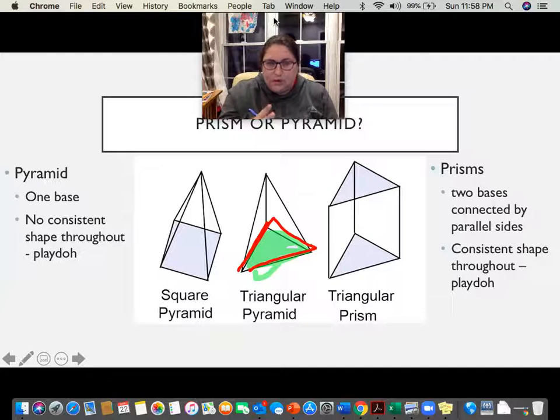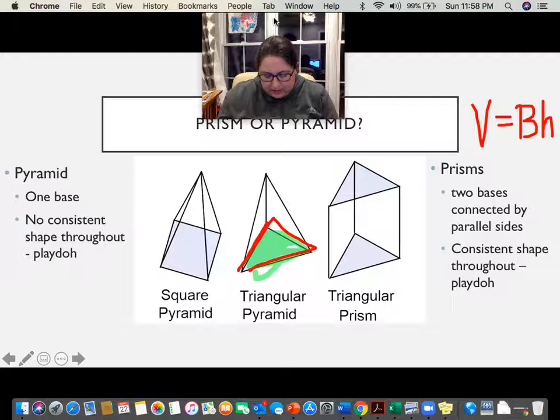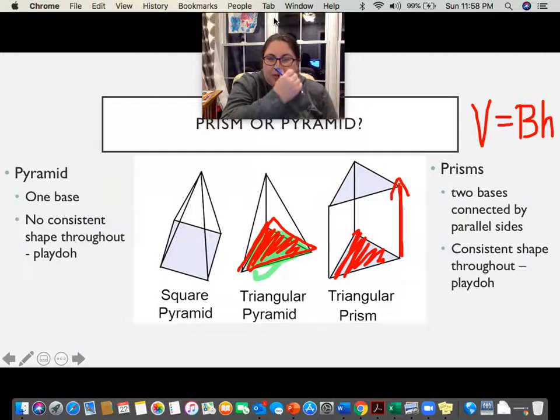Really, really important because you've got totally different formulas. A prism has a volume formula that's the base area times the height, because that base area gets stretched along the height of the shape. But a pyramid doesn't have the same area the whole way up the shape.